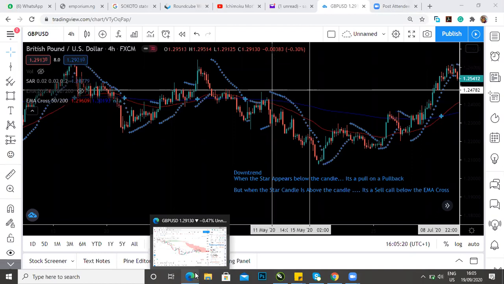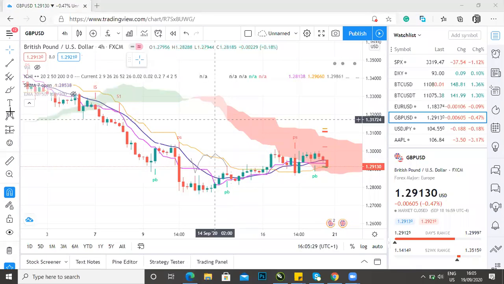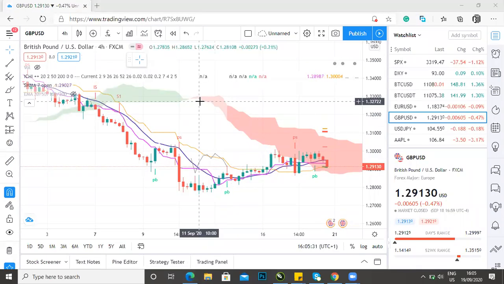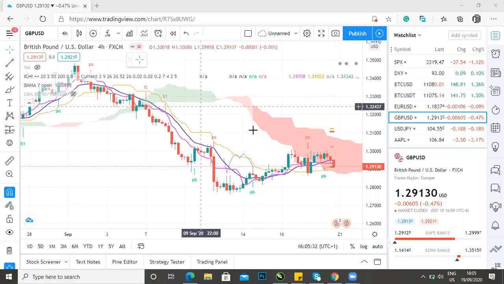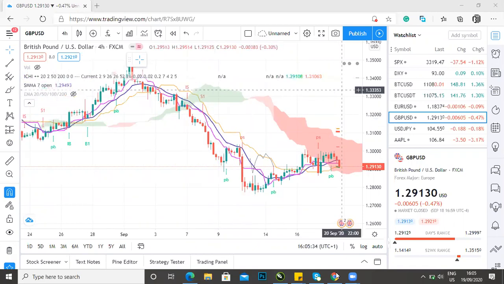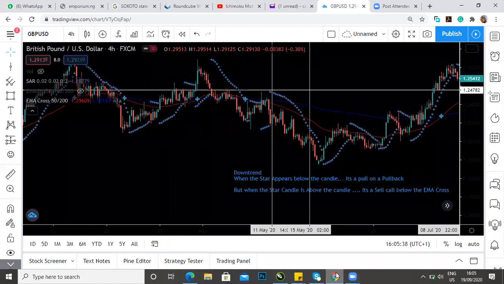Sorry, I have to switch the chart. We all know why I'm switching. This is GBP USD.